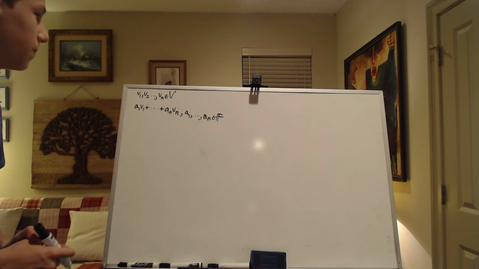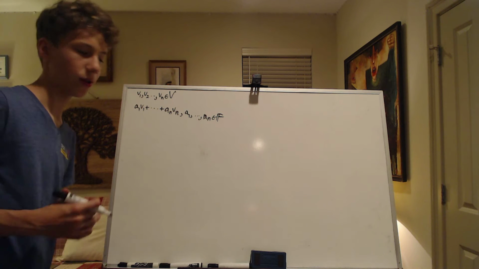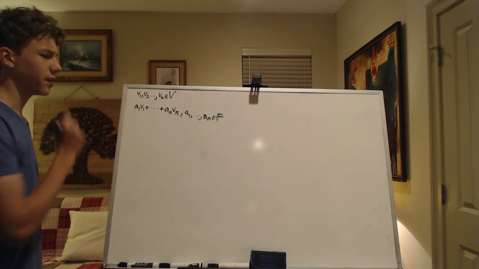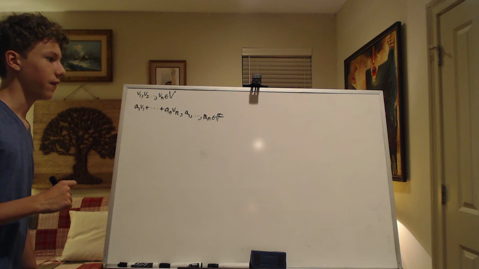Okay, so that's a linear combination. Just a quick review. And now this brings us to the definition of span. What if we take the span of n vectors in a vector space?